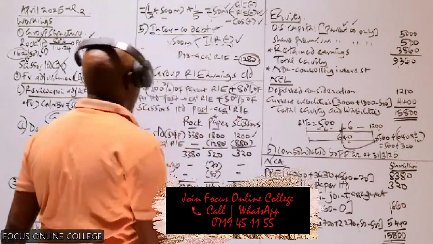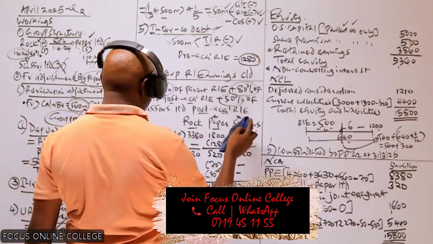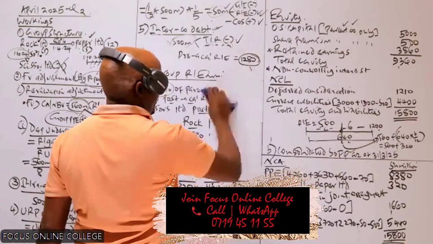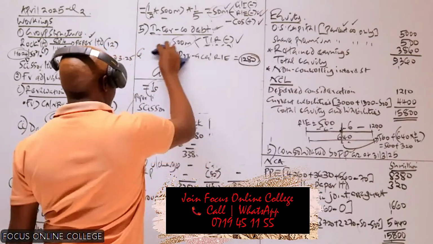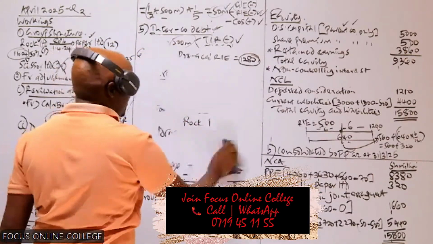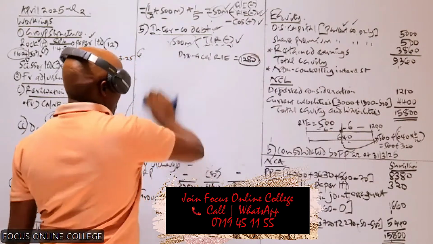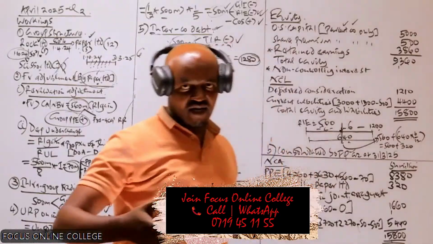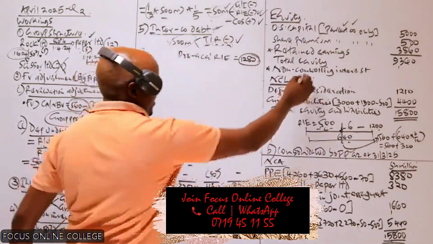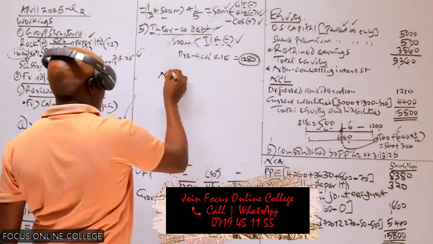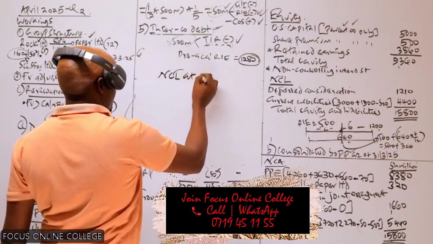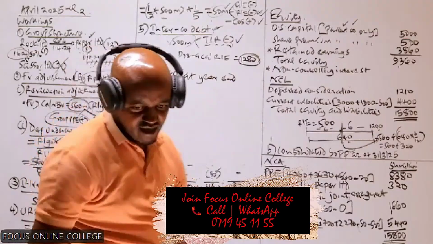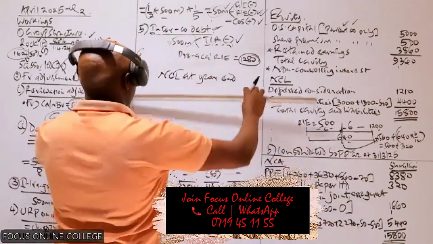Finally, we compute the NCI. So the NCI is what? We'll talk about the NCI basically. This refers to the amount of money which is invested by the minority shareholders in the subsidiary. The capital invested by the minority shareholders in the subsidiary. How do we compute the NCI at the year end to be recognized there as a component of equity?